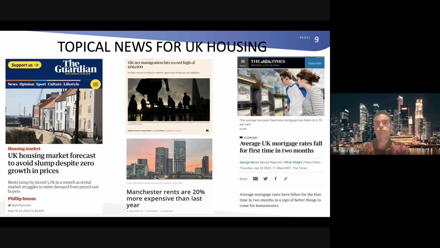One of the other issues that's really facing the government is immigration, and it was released about a couple of months ago that over 600,000 immigrants had come into the UK in the last year or so, which was the highest, I think, since records began. Now, those immigrants are very often put up in either temporary accommodation or social housing, which we'll be touching on in a moment.